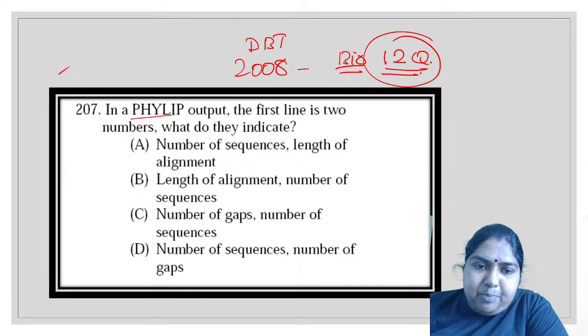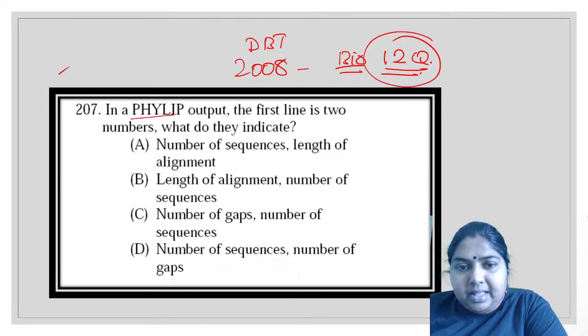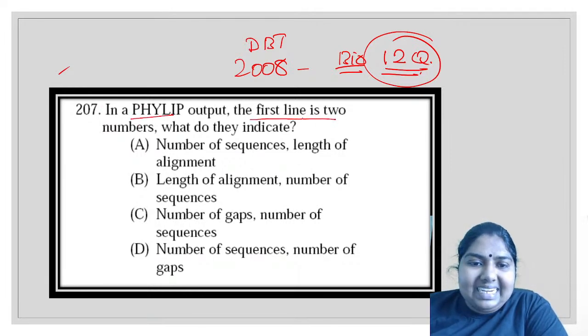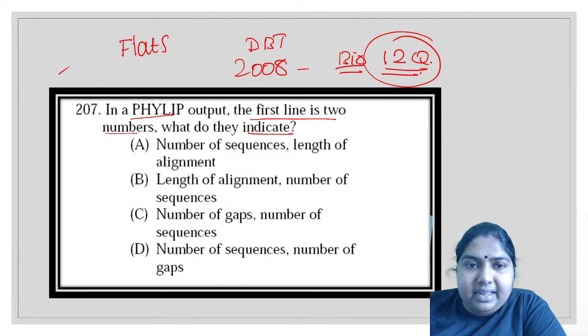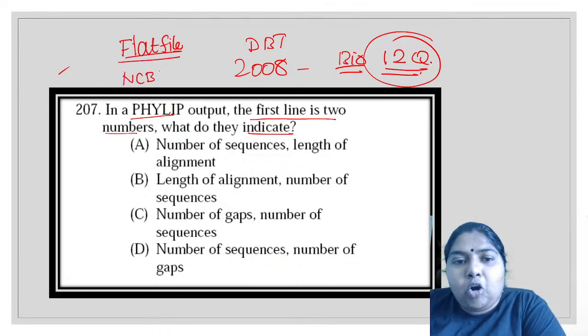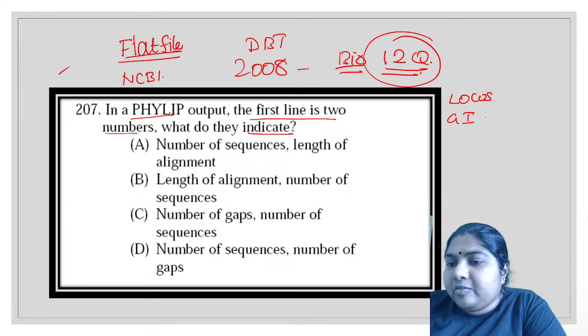In PHYLIP, which is for phylogenetic trees, the first two line numbers indicate what? Actually, there is something called the flat file. We studied this flat file for NCBI. How many of you remember this? We did locus, gene identifier, version, CDS, yes or no?